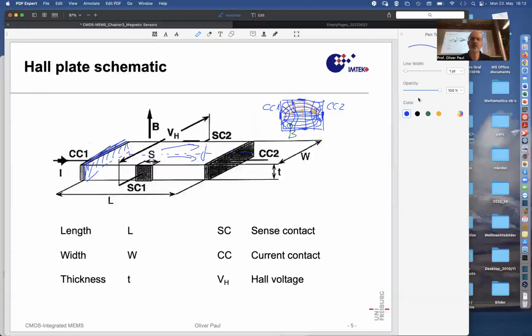However, what is changed are the equipotential lines. The equipotential lines become oblique, and that means that there is another potential on this contact than on this contact, so there is a difference in potentials. That is the Hall effect in Hall devices, and we'll have to discover how that works in more detail.